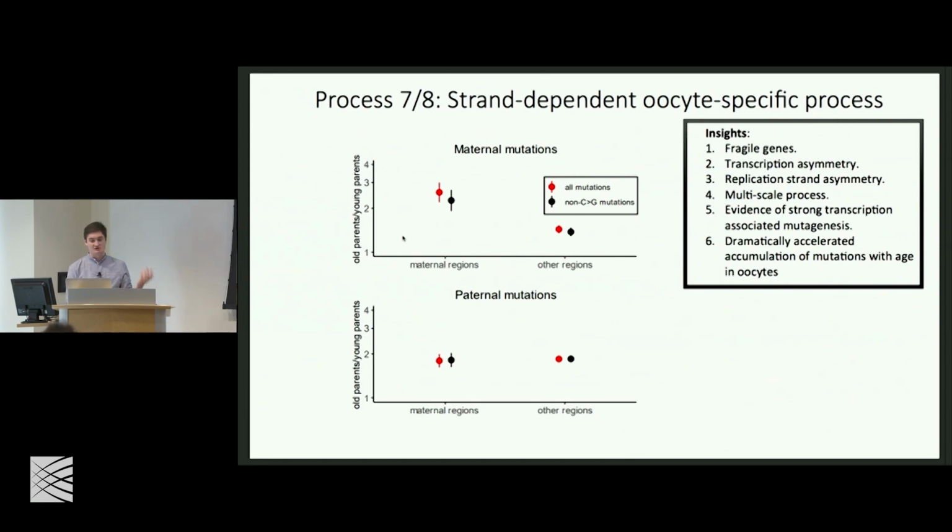Going back to this property, if we quantify the increase in the number of mutations in old versus young parents, we see an overall increase genome-wide, but the increase in maternal regions is several times larger for maternal mutations. But if you look at paternal mutations, we have a more or less uniform increase in the genome and in the maternal region.